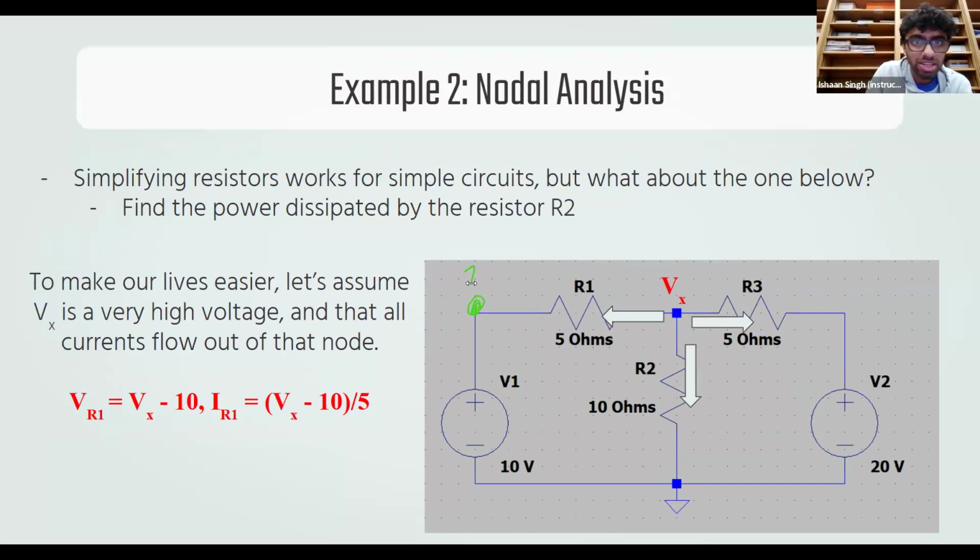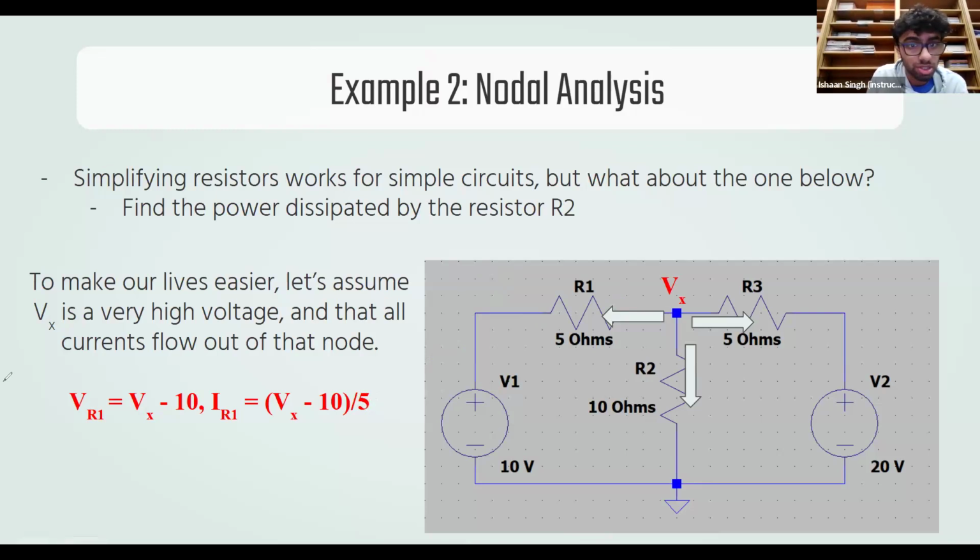And so Vx minus 10 is the voltage dropped by R1. Voltage over resistance equals current. So Vx minus 10 divided by the resistance, which is 5, gives us the current in that direction. Okay? Does that make sense? Are the steps clear?